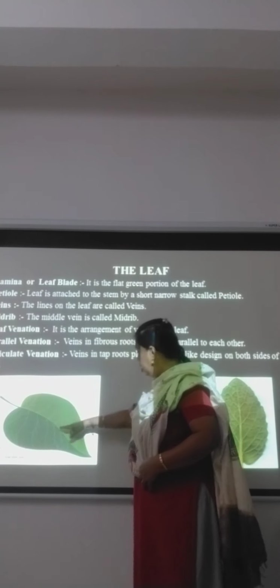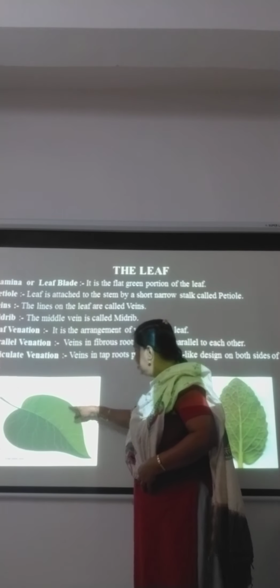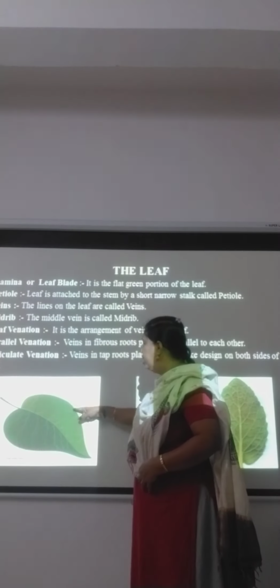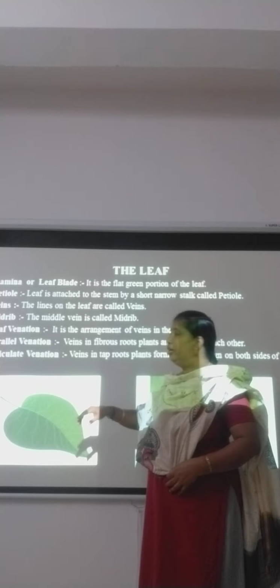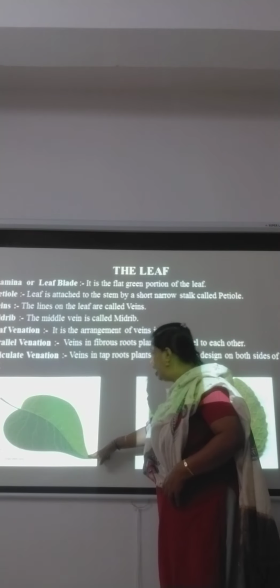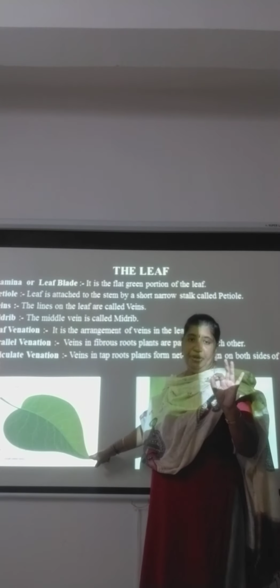Now veins. These are all the thin line-like structures which are present on the leaf, children. These are called the veins. Okay, now midrib. The middle long vein is called the midrib.